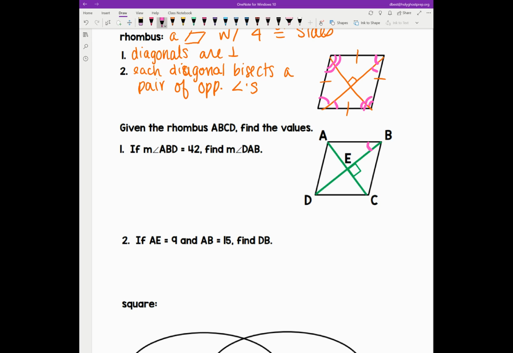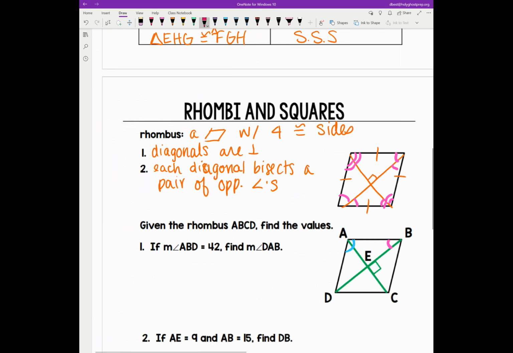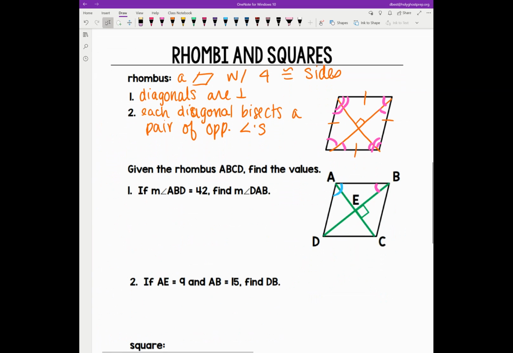Okay, so we have a rhombus here with a couple of practice examples that says the measure of angle ABD, so this angle in the top right corner, is 42, find the measure of angle DAB, which is this entire angle over here. So the way we can set this up is by saying that 2 times the measure of angle ABD plus the measure of angle DAB is equal to 180.